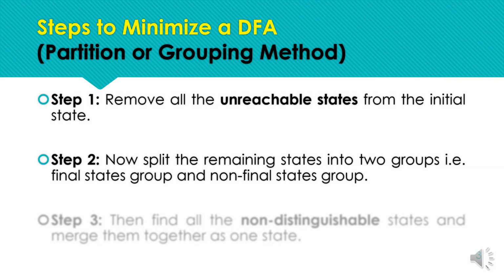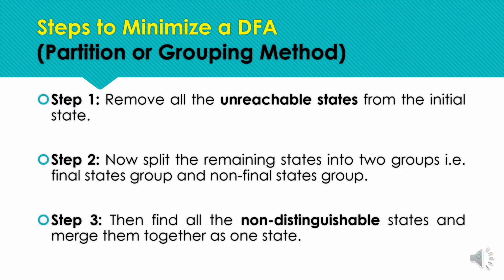We need to further find out the similar states in the final group as well as in the non-final states group, and if we find some non-distinguishable states in any group, these non-distinguishable states are the similar states. So if we find any non-distinguishable or similar states, we keep on merging all those similar states and make a single group of such states.